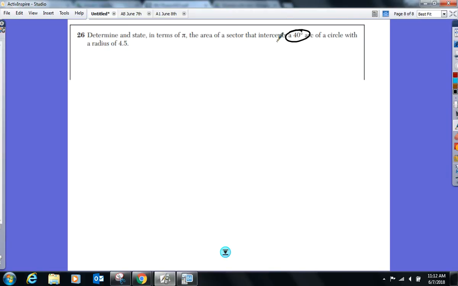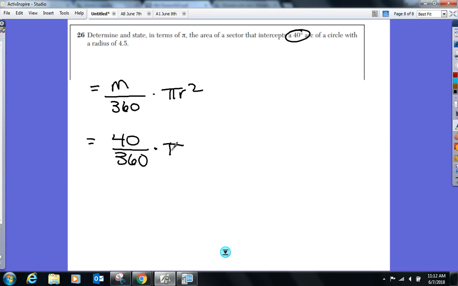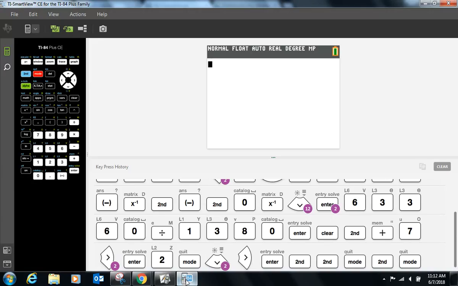Anybody want to say, in degrees, what's the area of a sector formula? Measure over 360 times pi r squared. When we say measure, that's the angle measure in degrees. In this case, 40 over 360 times pi, radius 4.5 squared. Now it does say leave in terms of pi. So now that I have my calculator out, here's all I'm going to do.